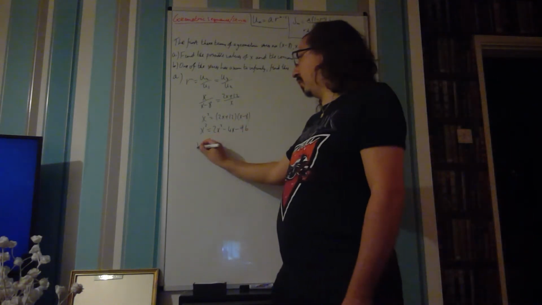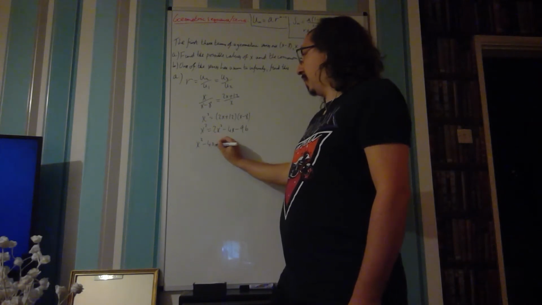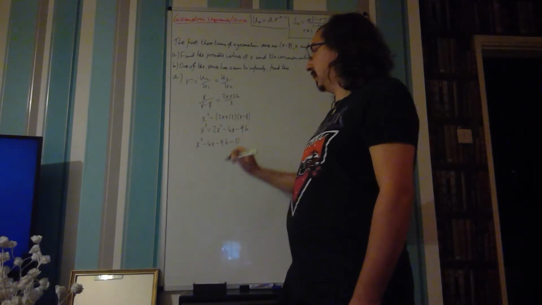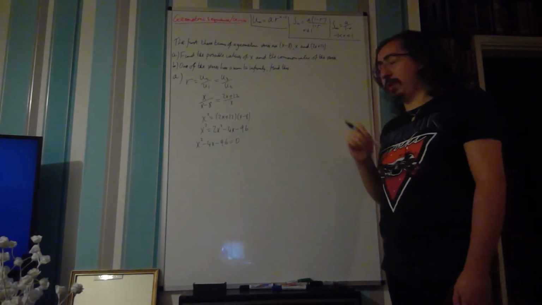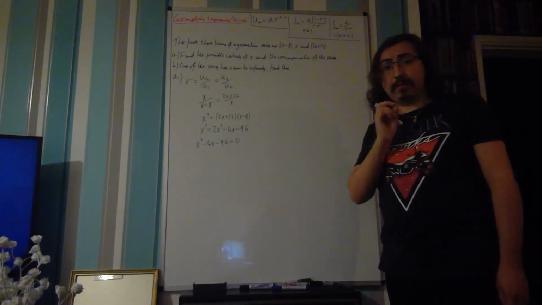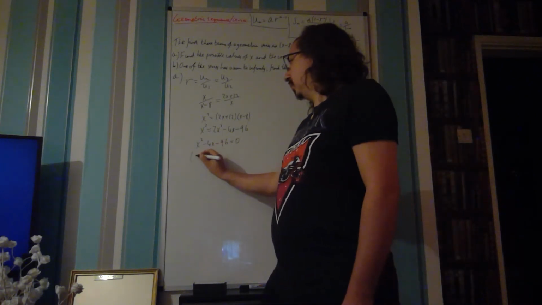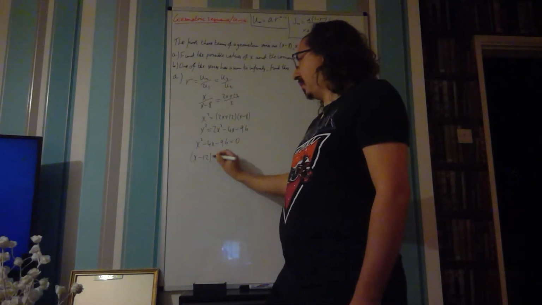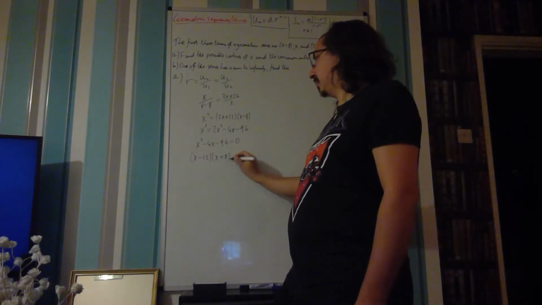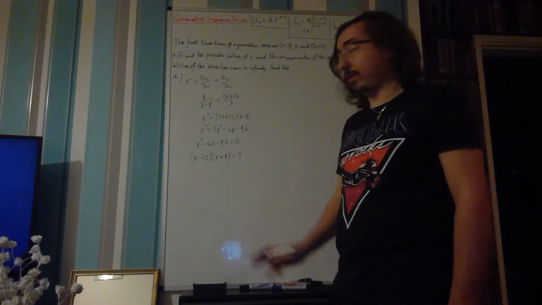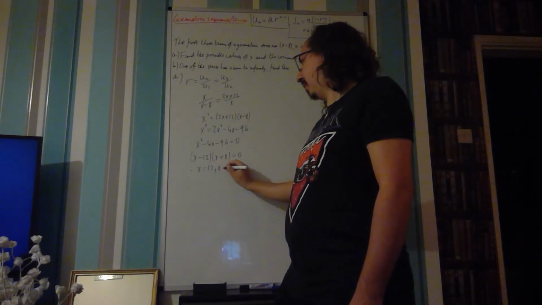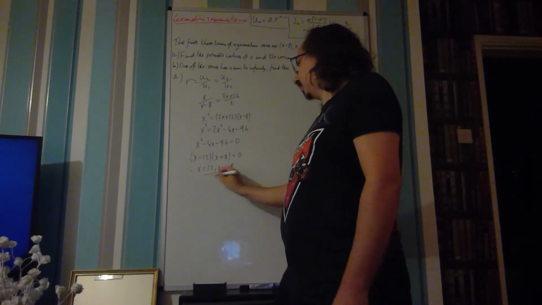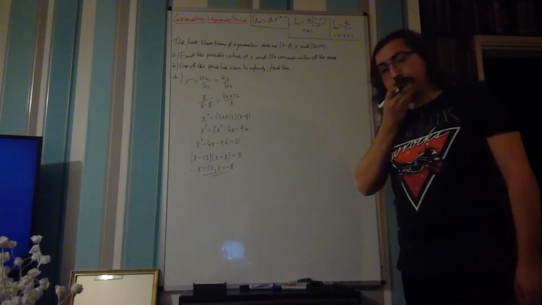Move the x squared over. x squared minus 4x minus 96 is equal to 0. At this point we have a quadratic expression which we can then factorise such that x minus 12 times x plus 8 is equal to 0, and therefore x is equal to 12, x is equal to minus 8.